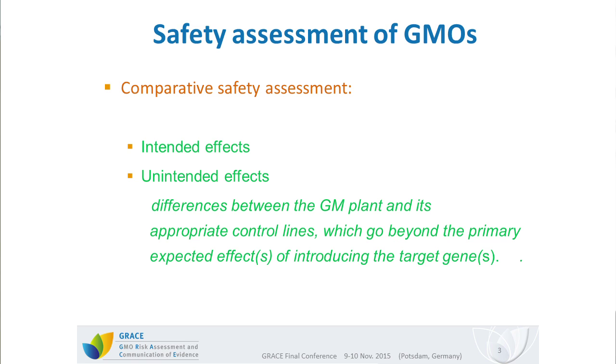The first part is aimed at assessing the intended effects, which is, for instance, the herbicide resistance or the insect resistance. And then in each case we also always assess the potential present unintended effects. And these unintended effects have been defined by EFSA as the differences between the GM plant and its appropriate control lines, which go beyond the primary expected effects of the introduced target genes.